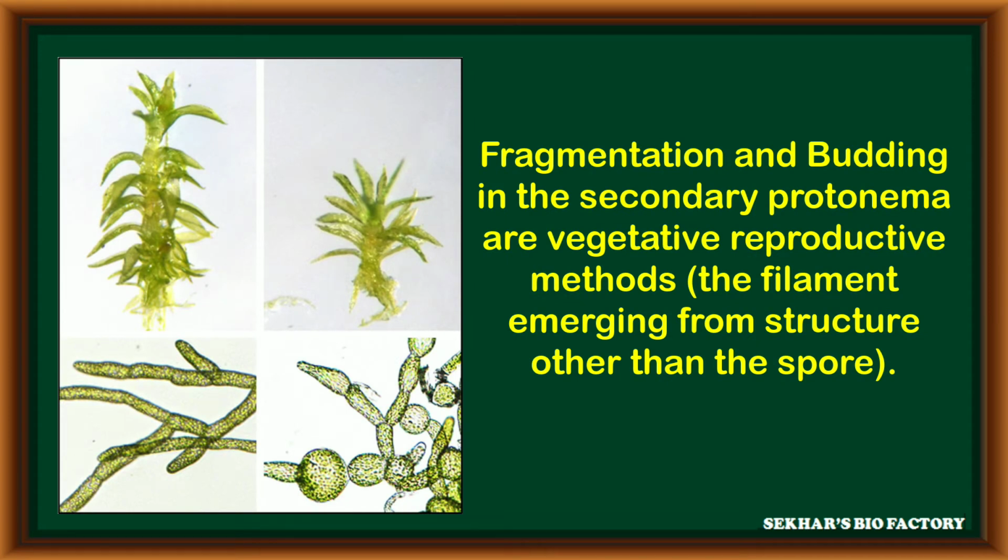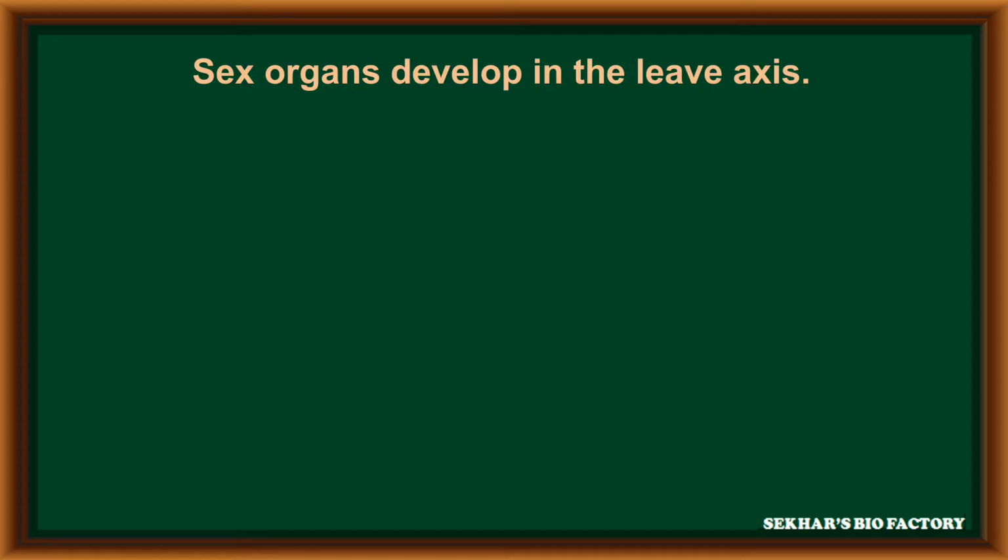During reproduction, fragmentation and budding in the secondary protonema are the vegetative reproductive methods. It is performed by a filament in its structure. During sexual reproduction, the sex organs are developed in the leaf axis.